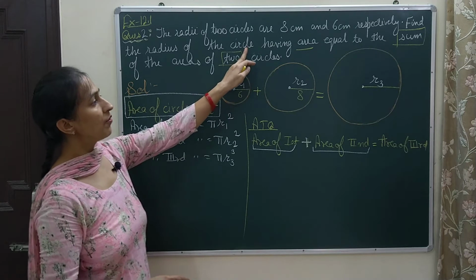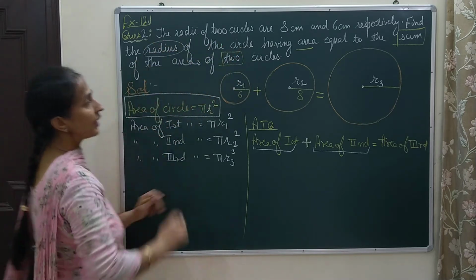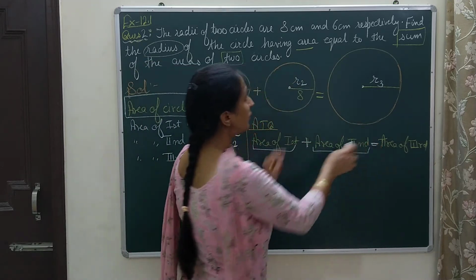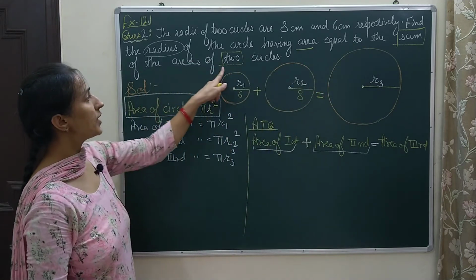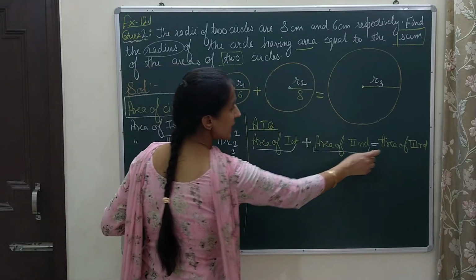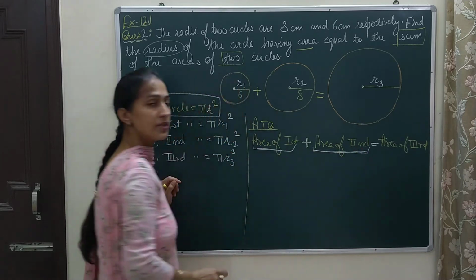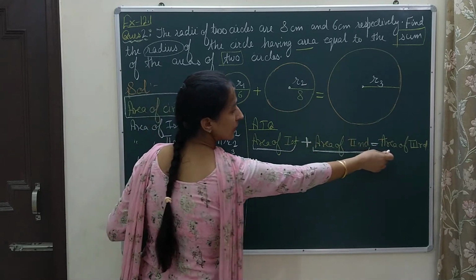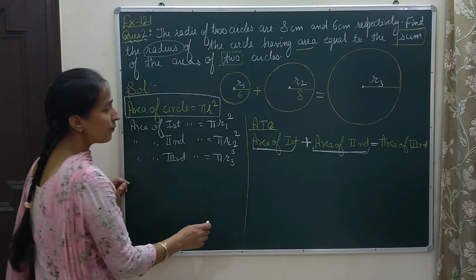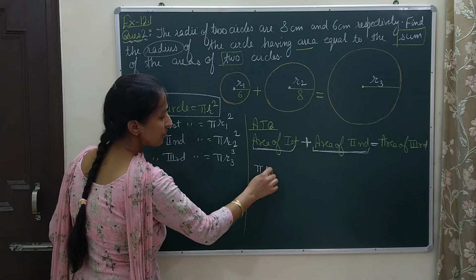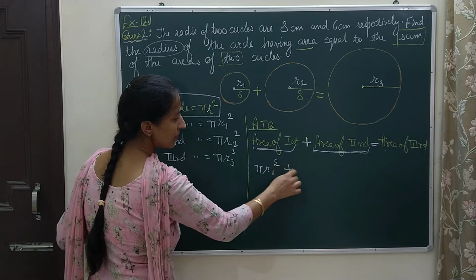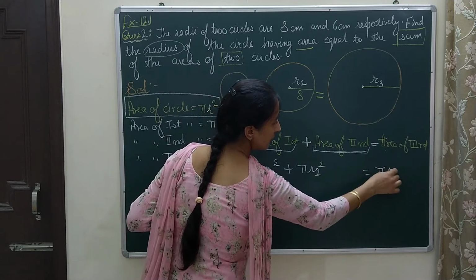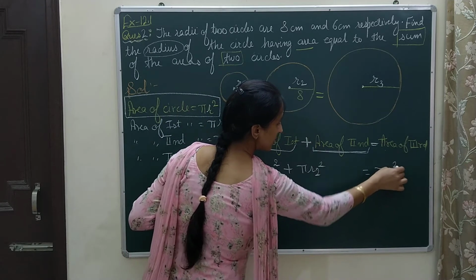The bigger circle, for which we are going to find the radius, has area equal to the sum of the areas of the two circles. So I have written the area of first plus second equal to the third one, which is needed. I can replace the values: for the first circle it is pi r1 square, for the second circle it is pi r2 square, and for the third circle it is pi r3 square.